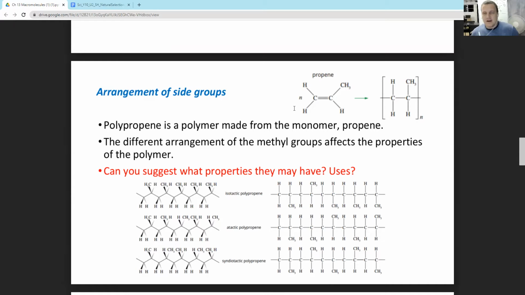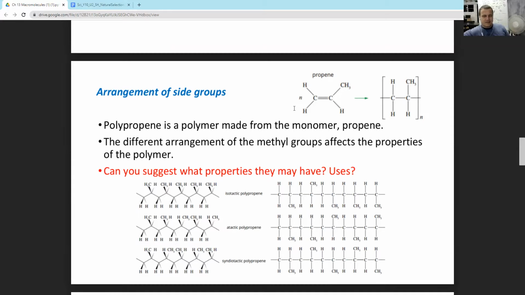So in atactic polypropylene, they're not particularly ordered, it's completely random. Atactic, they are irregularly alternating.